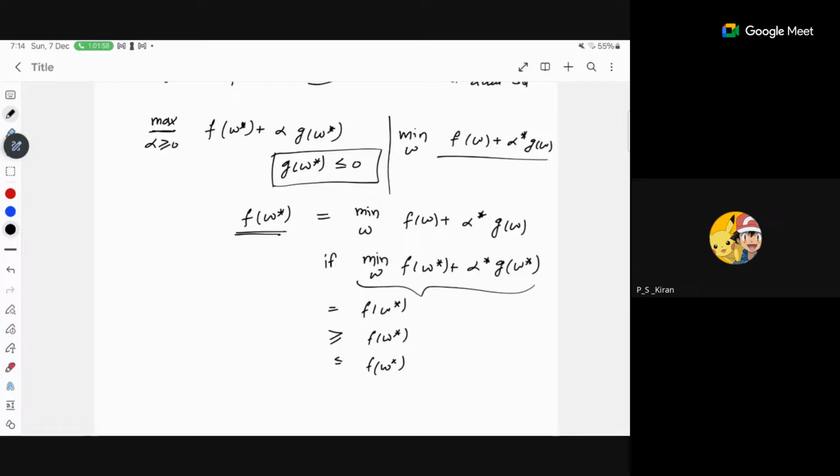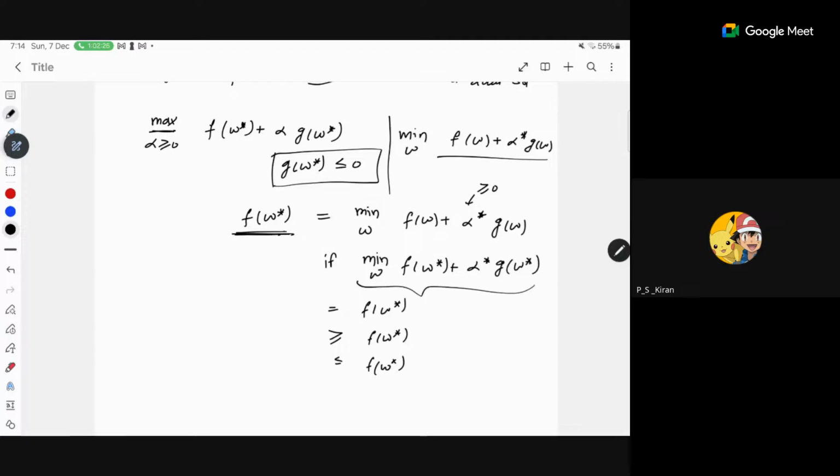Then it is f of W star, and it should be equal to, or greater than or equal to, or less than or equal to. It will not be equal to, right? Equal to is possible only in this case, right? The primal solution. I have taken alpha star also, right? I need to maximize this, and after maximizing, I have taken this as alpha star. Alpha star may not be equal to 0, right? It should be greater than or equal to 0, right?